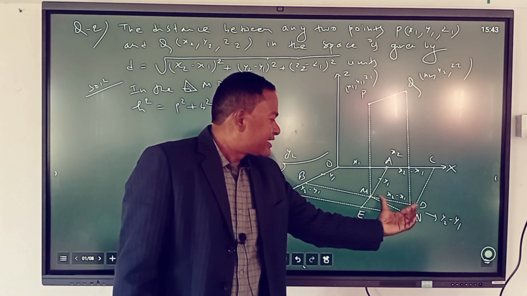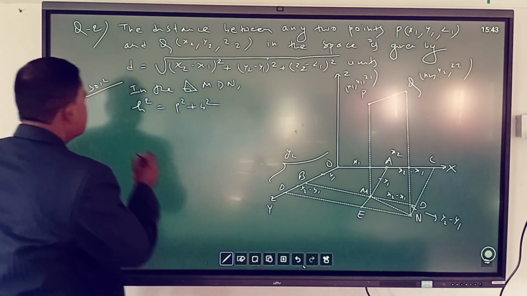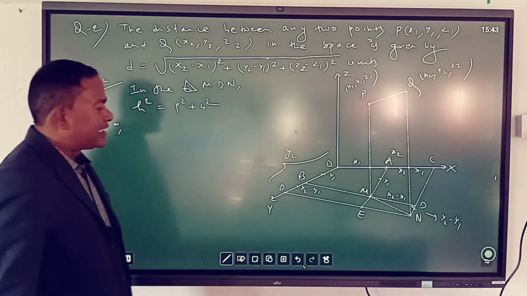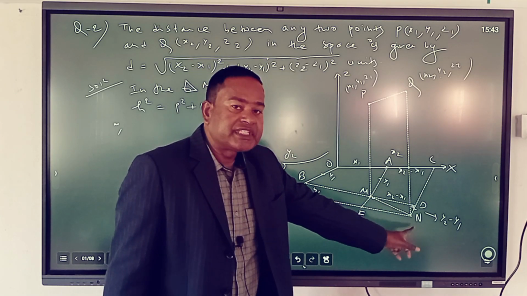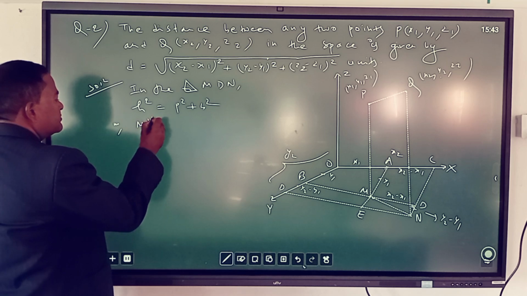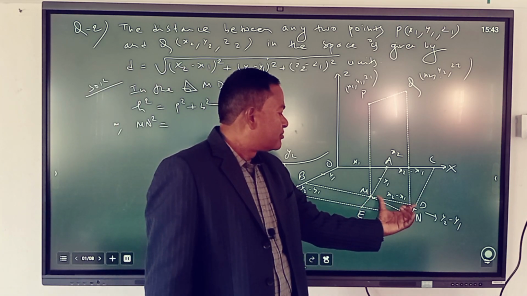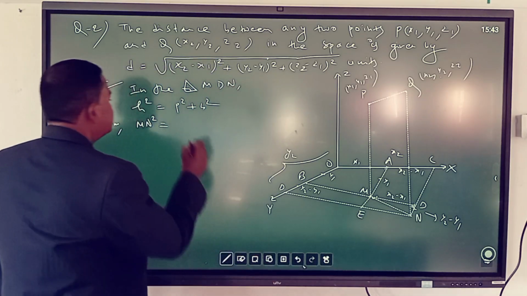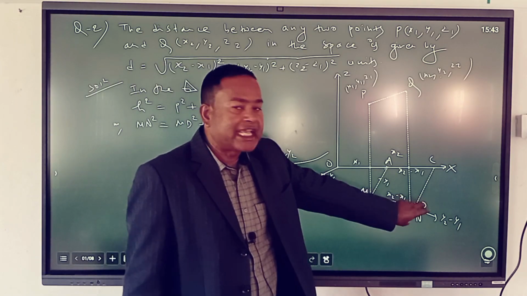So perpendicular, let us take as MD and base as DN, and hypotenuse, which is opposite to right angle, is MN. So we can write this as MN square, and perpendicular, let us take MD as the perpendicular and DN as the base.